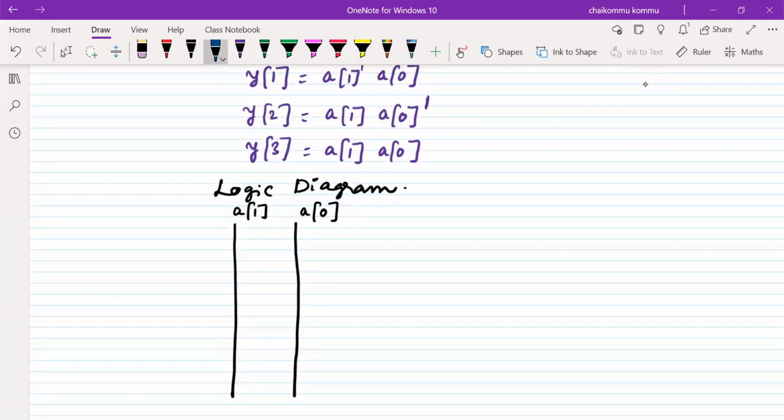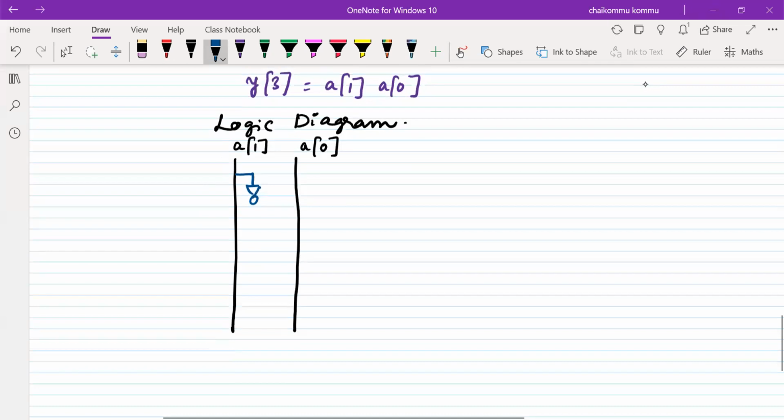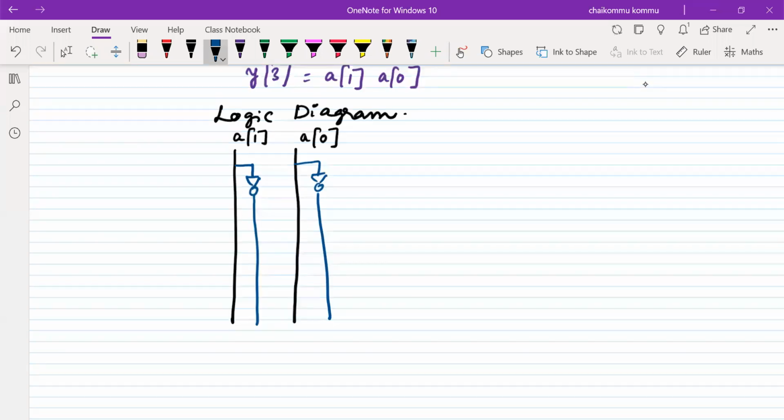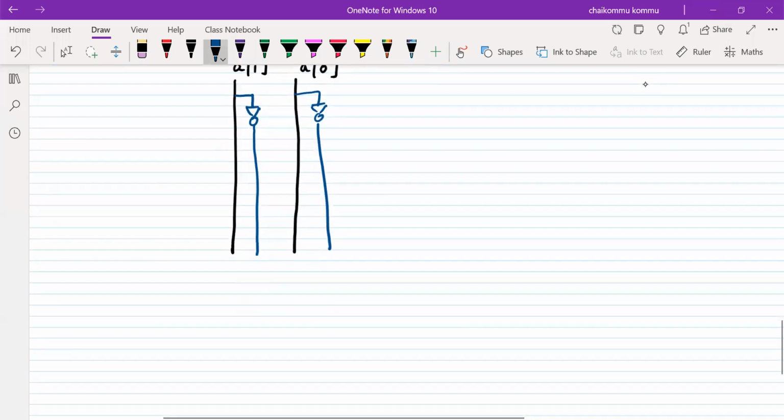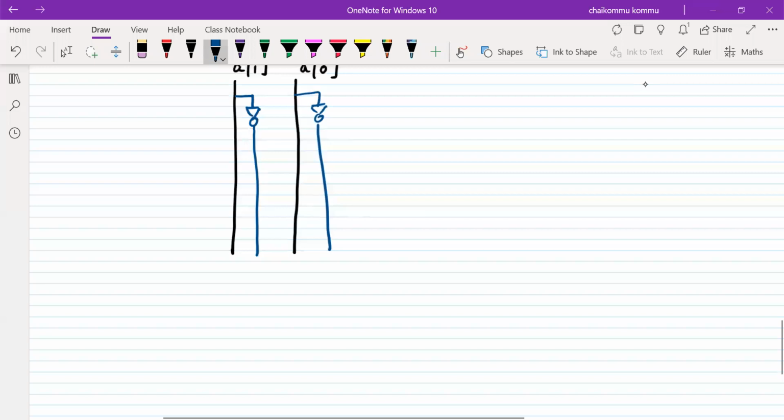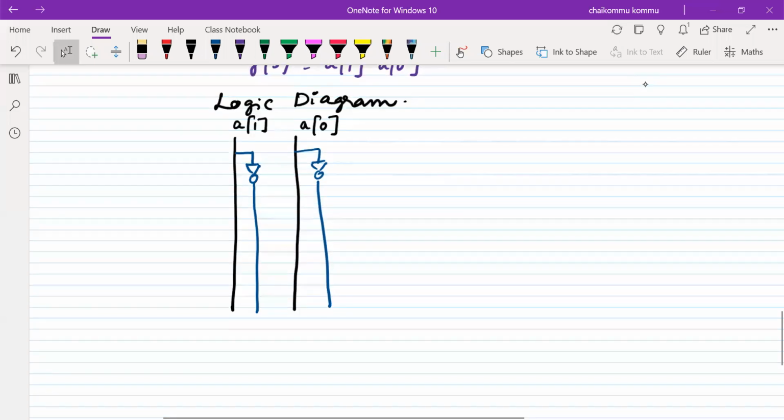Yes, we take one NOT gate, because in this implementation we need a NOT gate as well. Here also we need a NOT gate. Now we write one AND gate here. One AND gate is required, another AND gate, another AND gate, another AND gate.